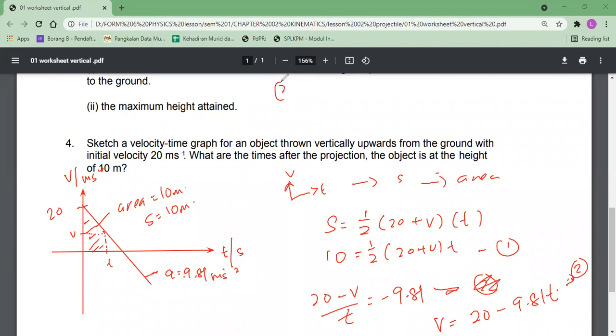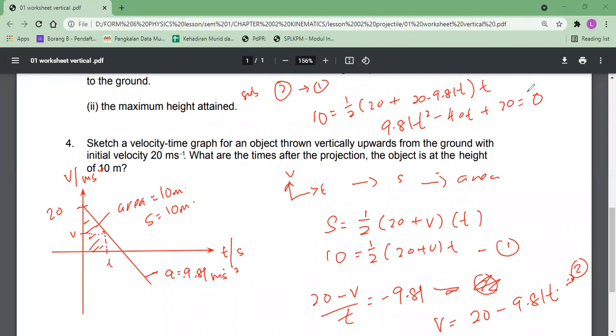Substitute equation 2 into equation 1. So we get 10 equal to 1/2 times 20 plus v, that means 20 plus 20 minus 9.81 t, times t. So we'll get 9.81 t squared minus 40t plus 20 equal to 0.